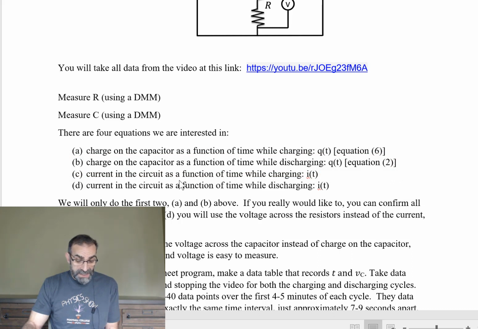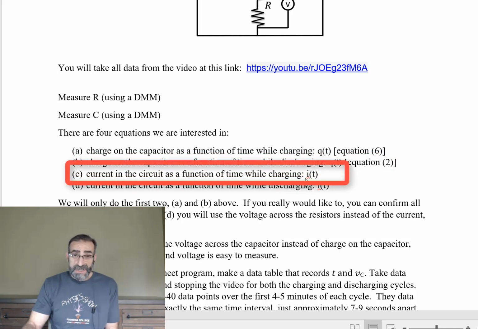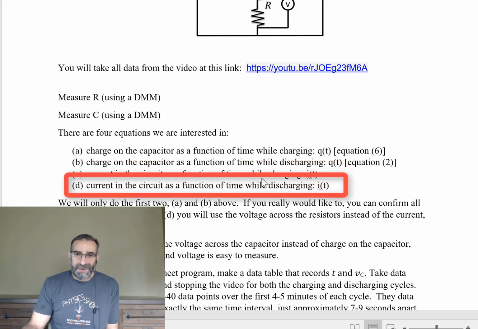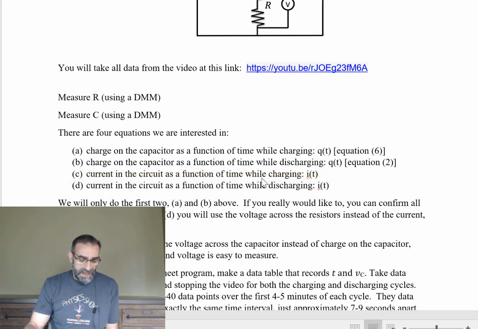And then there's current in the circuit as a function of time. And we can look at that while it's charging and while it's discharging. I don't think it's necessary for us to do both current and charge. We'll pick charge. All we're going to look at is charge. But we are going to look at it for charging and discharging. So we're going to do what I call here A and B. We're going to do A and B.